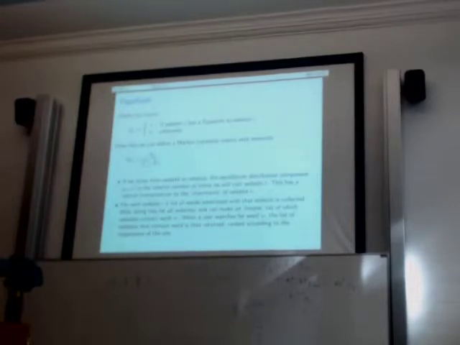Let's say we make a matrix A with ij elements, which is 1 if there's a link from website J to website I. Otherwise it's 0. And this binary matrix is going to be pretty big, right? It's going to be a few billion by a few billion matrix.